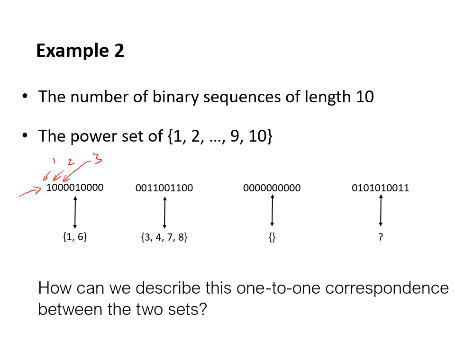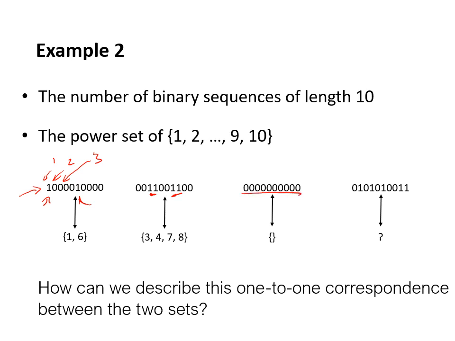Whenever there is a 1, that element is present in this element of the power set, and when there's a 0, it's not present. So this represents {1, 6} because it has 1s at the first and 6th positions. This represents {3, 4, 7, 8} because it has 1s in positions 3, 4, 7, and 8. The empty set is represented with all zeros.